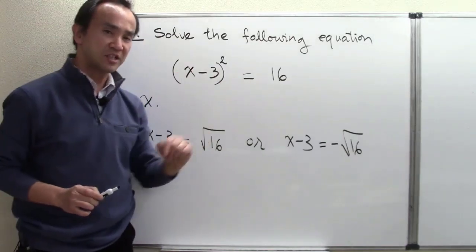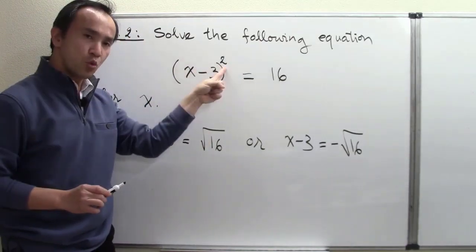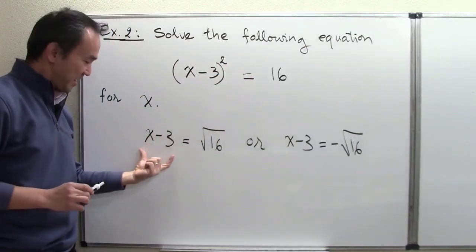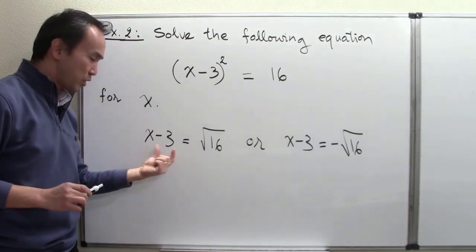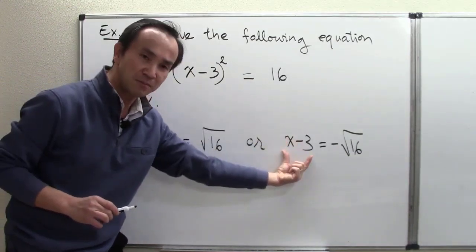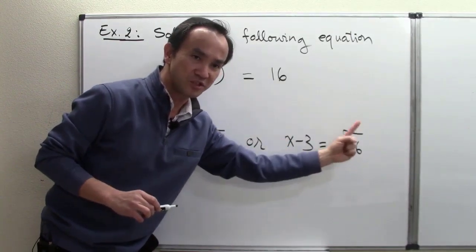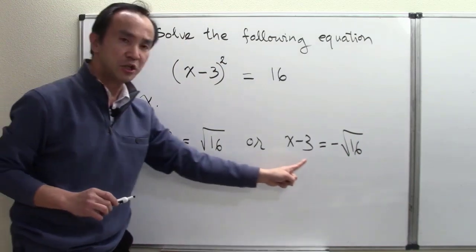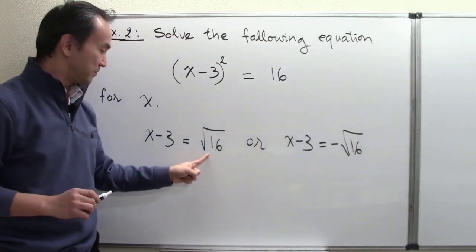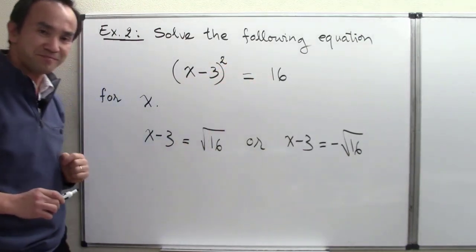So the expression x minus 3 squared equals 16 if x minus 3 itself equals the positive square root of 16, or x minus 3 equals the negative square root of 16. Any one of these two possible values will lead to x minus 3 all squared equals 16.